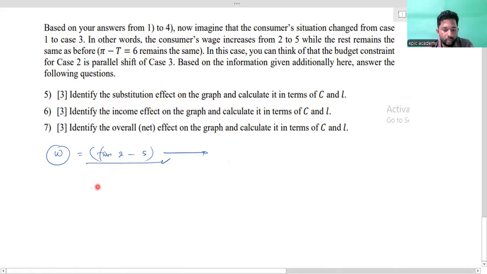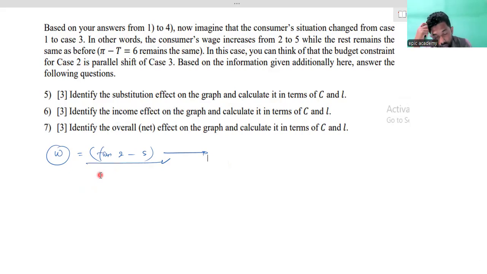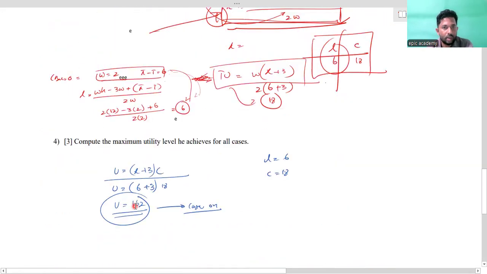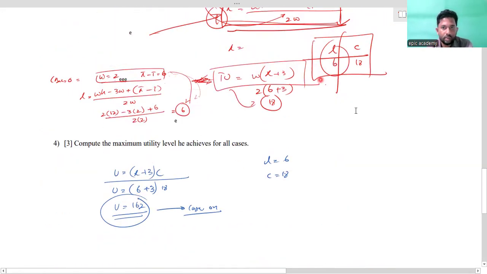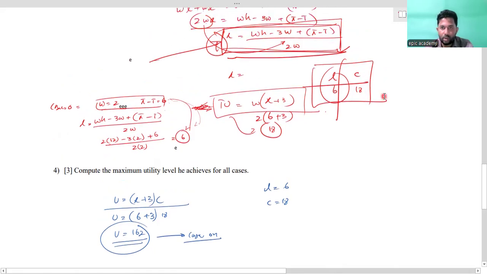Then we can calculate two types of things related to case number 1 and case number 2, the actual consumption values. Actually, we have to calculate case number 2 and 3 also. Otherwise, we can't calculate this one, isn't it?